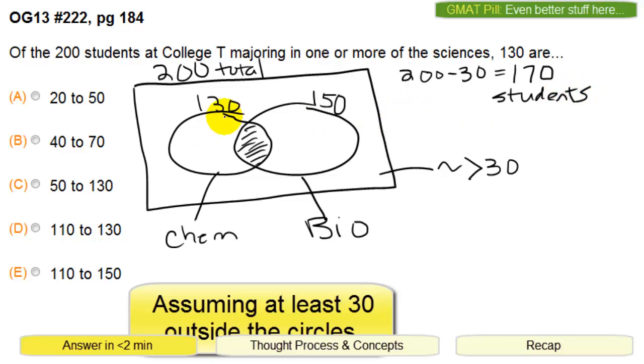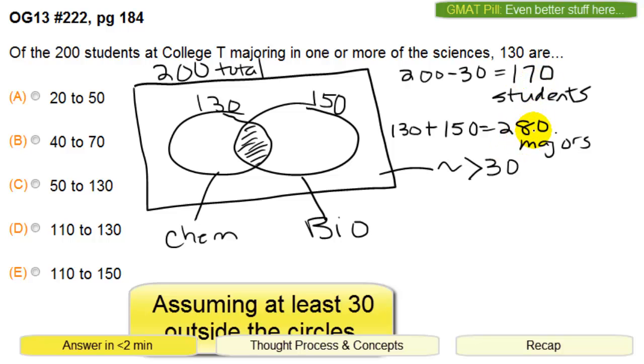but then there's a total of 130 plus 150 equals 280 majors, right? Obviously if each of the 170 students majored in just one major, then you would get 170 majors.